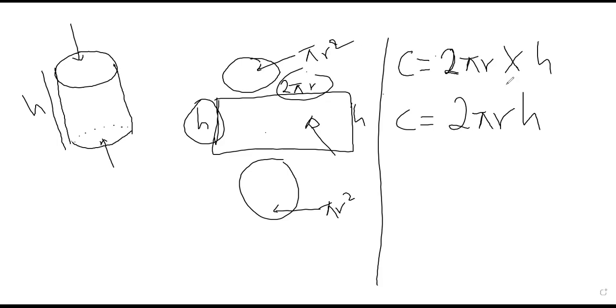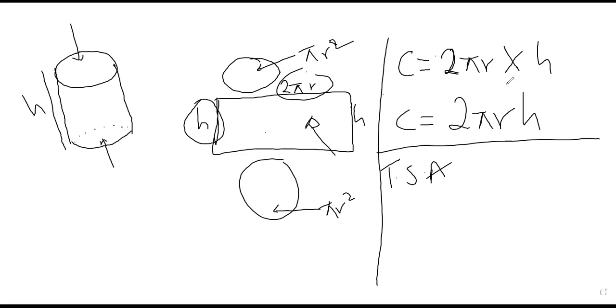Now, how do you find the total surface area of the cylinder? We have two cases of the total surface area of the cylinder. Now, the first case is when both ends of the cylinder are closed, that is, the top and the bottom of the cylinder are complete.